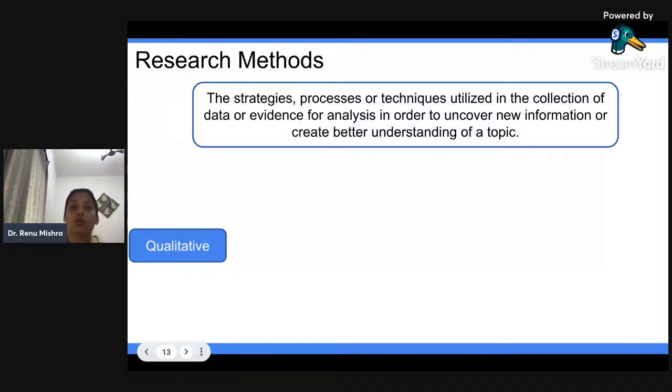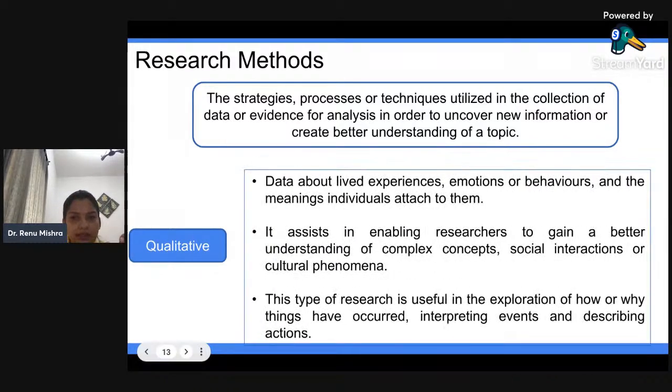Now, firstly, it's qualitative. Now, it is very simple. What is qualitative? Whenever you are obtaining the data about individuals' emotions, about their behavior, about their experiences, which requires in depth analysis, where you are trying to understand how the people are interacting, what are their behaviors, what is their reaction in a social setting, why this culture or how this culture is like this.